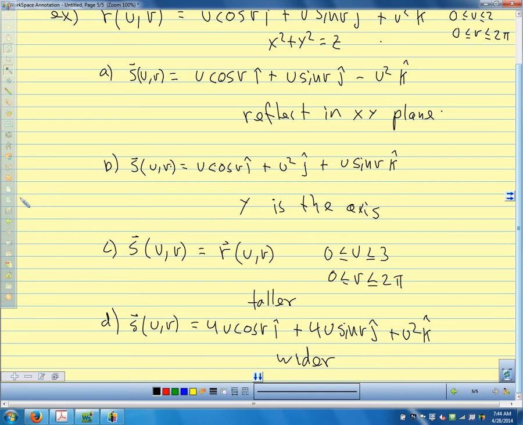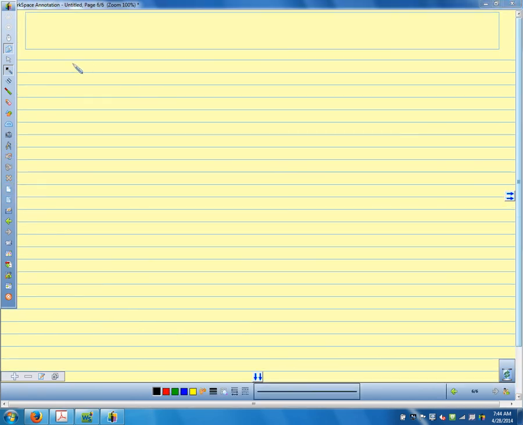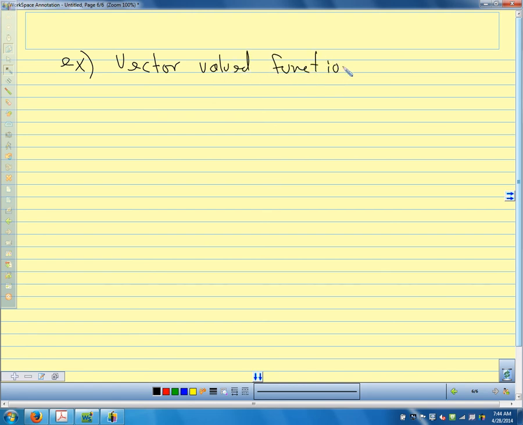All right, let's do a couple where we go the other direction. So we want to find a parametric representation of these surfaces. So a vector valued function for these surfaces.